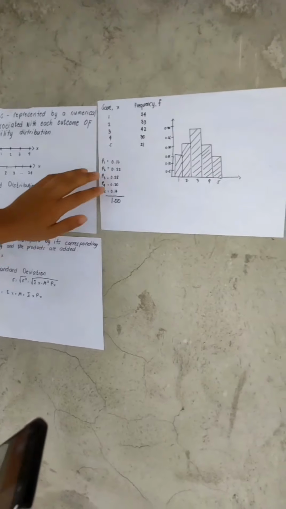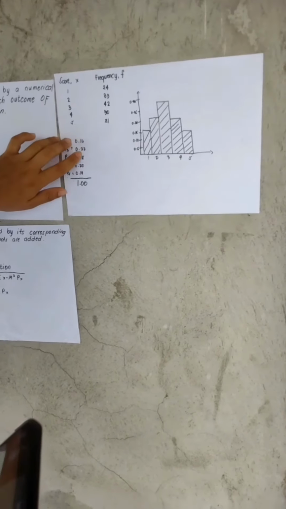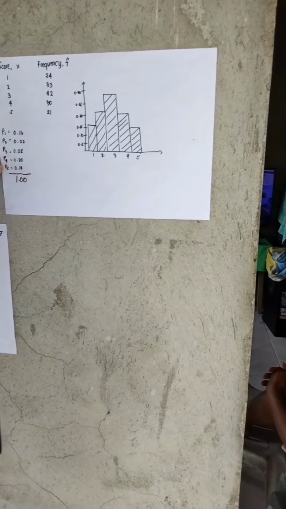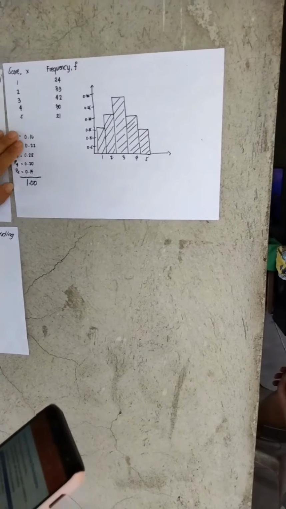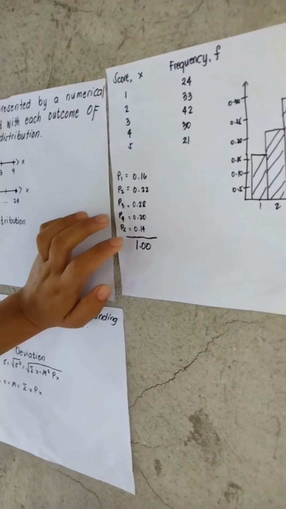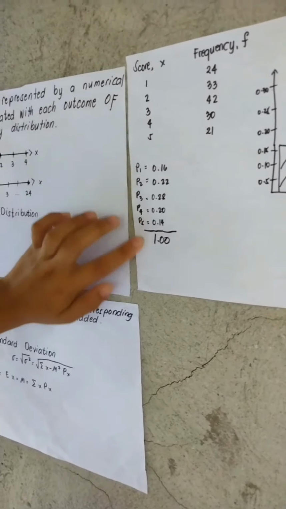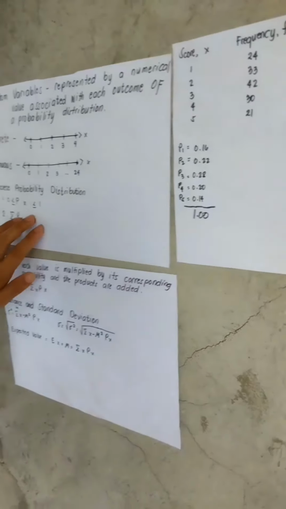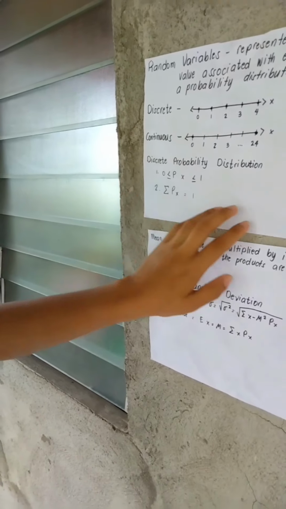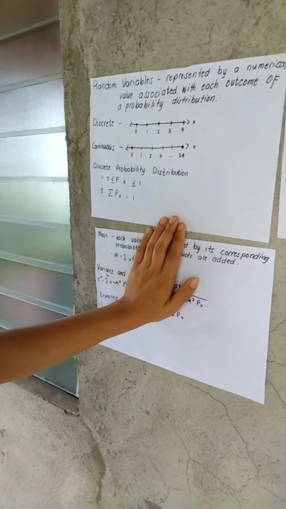If you have a scientific calculator, try to add these up to see if they equal 1. 0.16, 0.22, 0.28, 0.20, 0.14 is exactly equal to 1, and this satisfies the second condition of the discrete probability distribution.